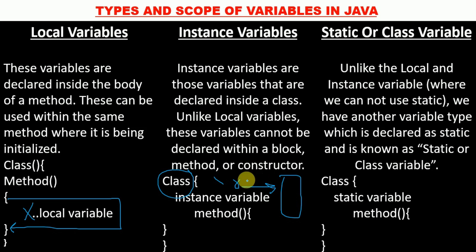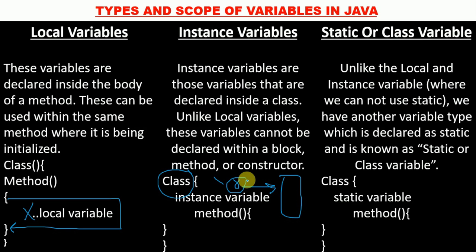Now this reference variable is pointing to this object, and if we destroy this object, or we can say if we destroy this reference variable, indirectly we are destroying this object. So if we destroy this object, the instance variables are no more. That means their life is till the object creation. Once we create an object, we can point out this instance variable.